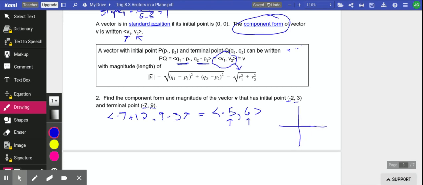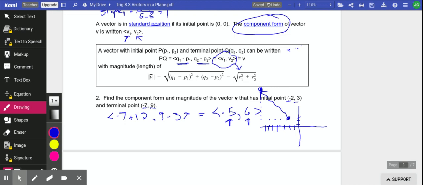So if we started at (-2, 3) and we ended at (-7, 9), which isn't going to fit. Okay, that's our vector. Wow, that was not a straight line. This vector has gone left 5 and up 6. So from here, we've gone left 5 and up 6. Okay, so this is component form.